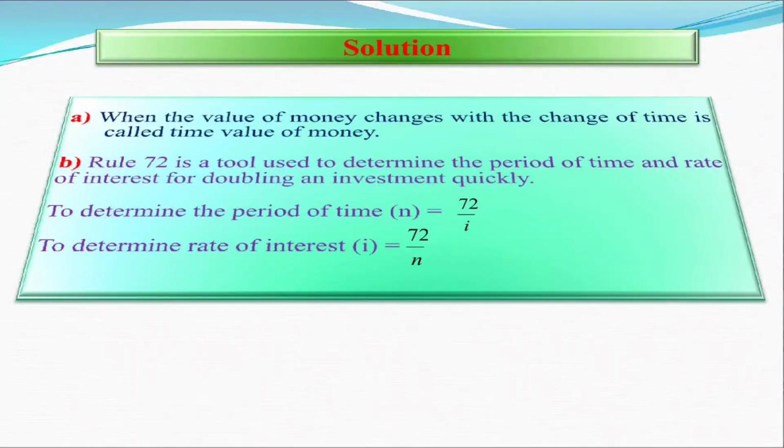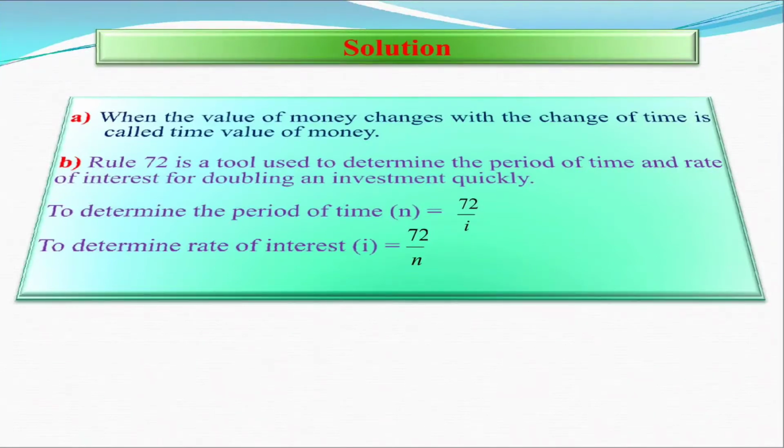You know, today's 100 taka and 100 taka after 5 years are not the same, because today's 100 taka will change after 5 years. That is why I am saying that when the value of money changes with the change of time, that means if the value of money changes because of time, that is called time value of money.